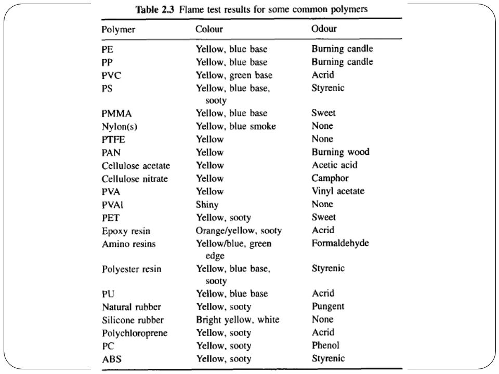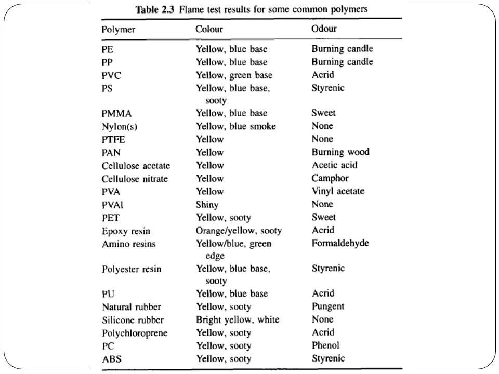For example, when polyethylene is heated in a flame, it produces a yellow flame with a blue base, and the odor of the polyethylene is like a burning candle. Similarly, the polyvinyl chloride, when heated, produces again a yellow flame with a green base, but the odor is acrid.